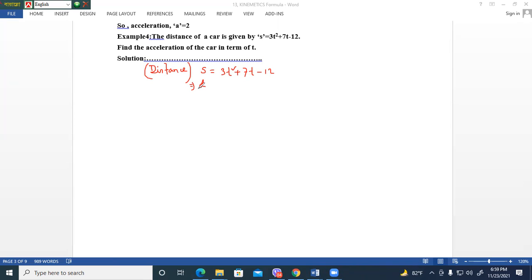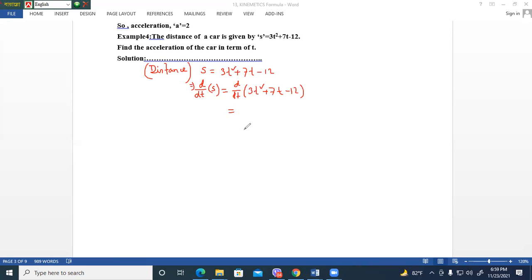Differentiate both sides with respect to time. That is d by dt you have to use. d by dt on the left side, that is s. On the right side also, d by dt of 3t square plus 7t minus 12. This is the writing style only.